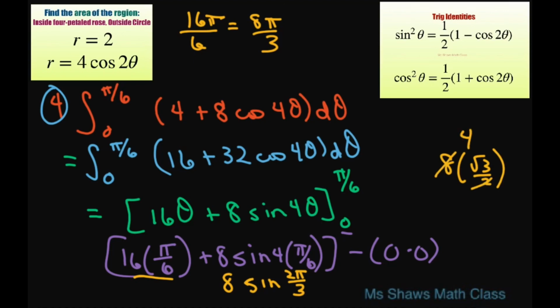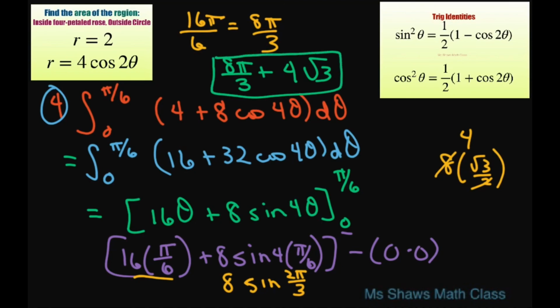So basically our final answer is going to be 8 pi divided by 3 plus 4 square root of 3. And that is your area inside the four-petaled rose and outside the circle.